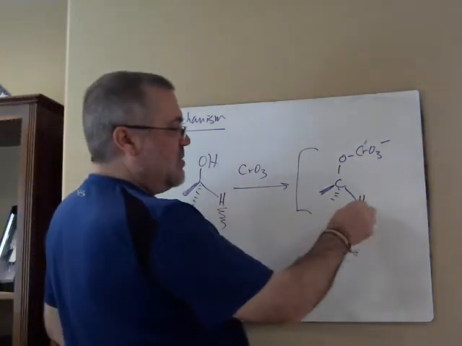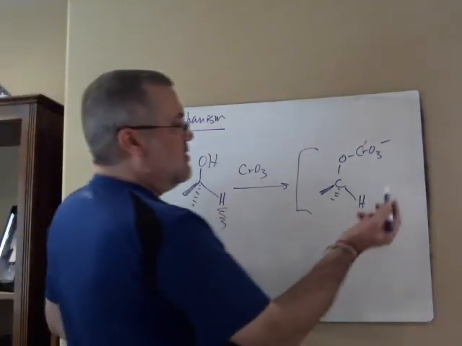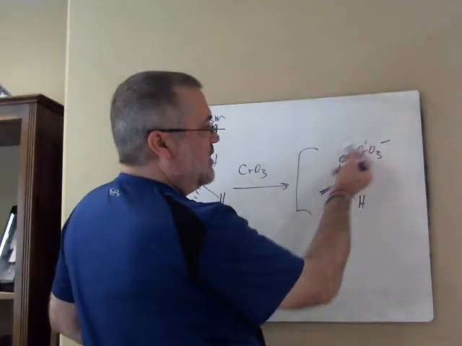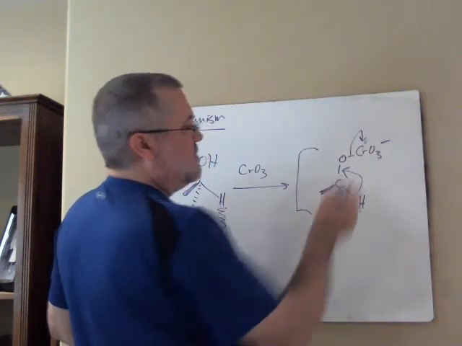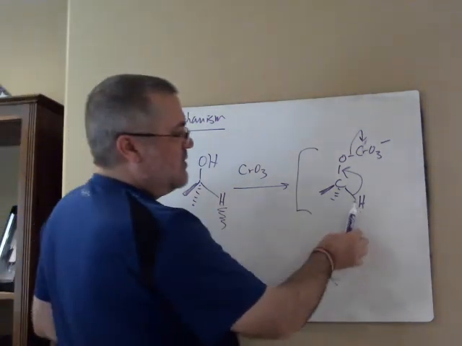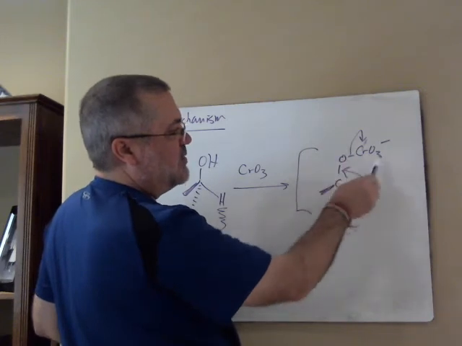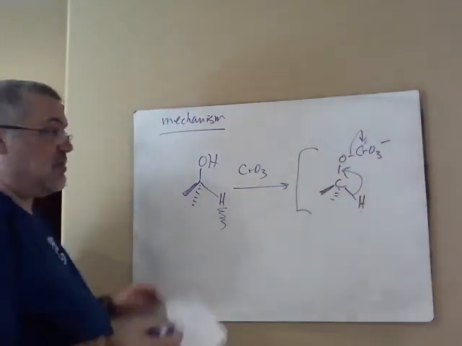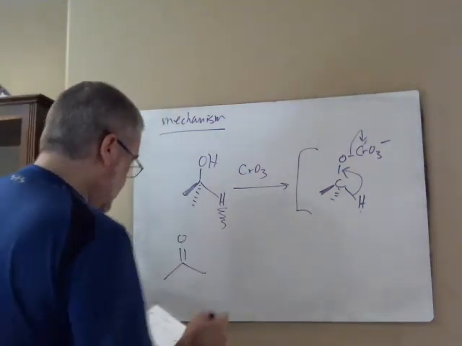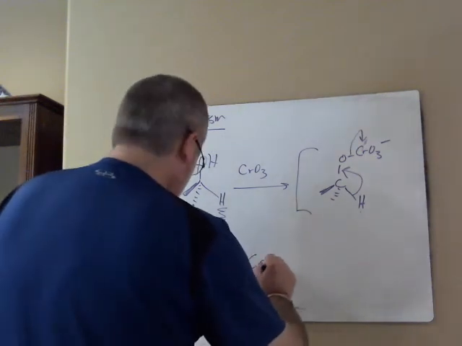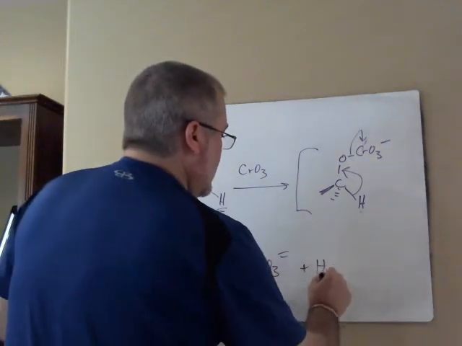And so there's always going to be at least one H there, which is important because the way this oxidation works is once you form this intermediate, it's really just an elimination where the electrons from this carbon to H bond move in to form the carbonyl and it displaces the chromium, and you end up forming this plus this new chromate salt plus H3O+.